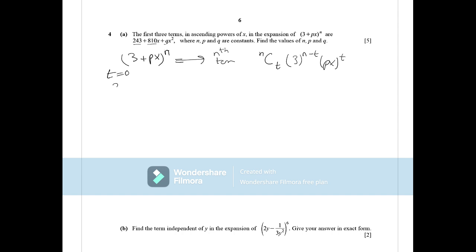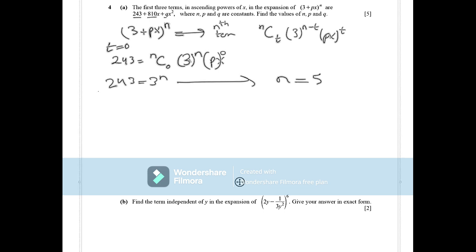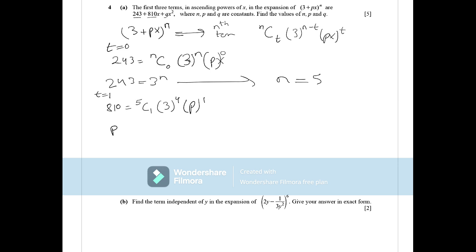I'm comparing r with the power of x in this expression. For r equals 0, 243 is equal to nC0 times 3 to the n times p to the 0. We do not need to write the x, so we can just ignore it. And 243 is equal to 3 to the n, which gives n equals 5. For r equals 1, 810 is equal to, we know n is 5, 5C1 times 3 to the 4 times p to the power 1, which gives p equals 2.